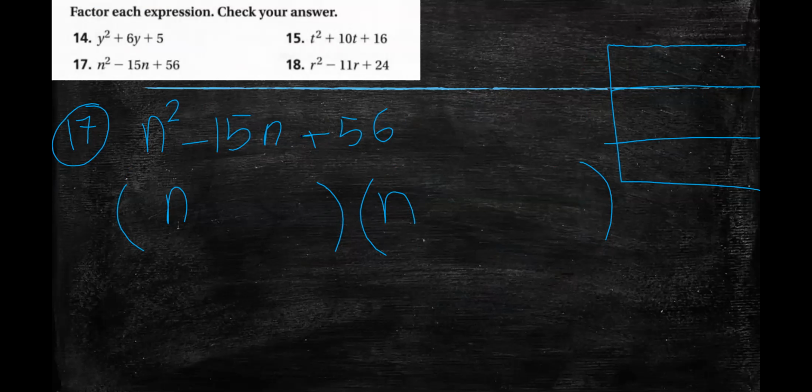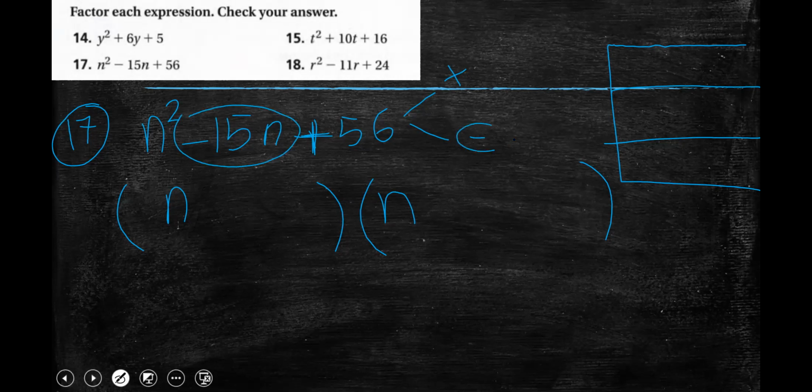I have a positive 56, so their factors could be positives and could be negatives. But since the summation has a negative sign, I must write the negative numbers, the negative factors. So I must write two negative numbers.